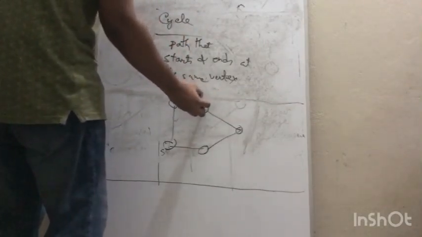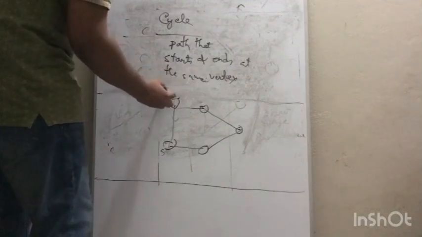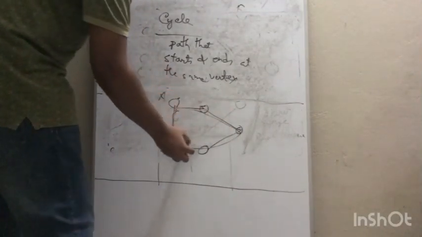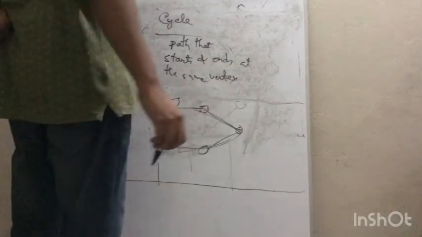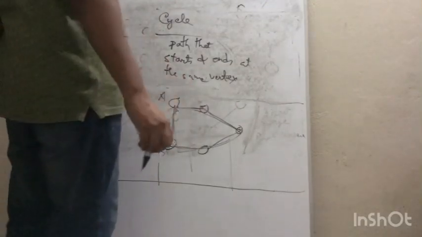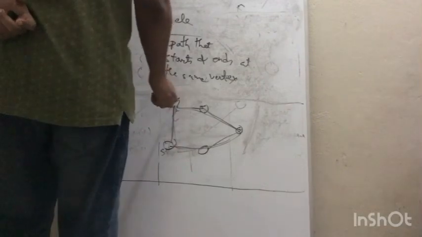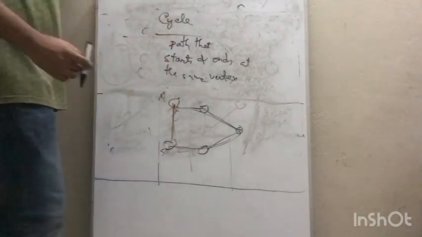Now, it goes again to A. So A returns back to A, and this path is called a cycle because the path returns to the primary source.